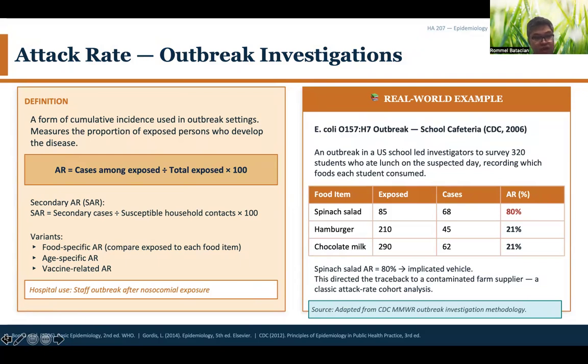It measures the proportion of exposed persons who develop the disease. The formula is the cases among exposed over those who are exposed, multiplied by 100 because it's expressed as a percentage.